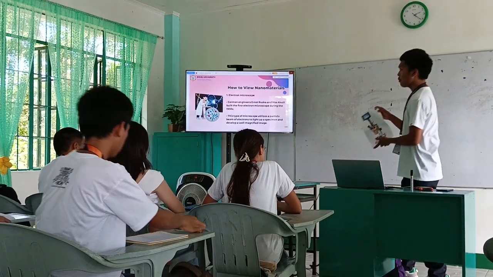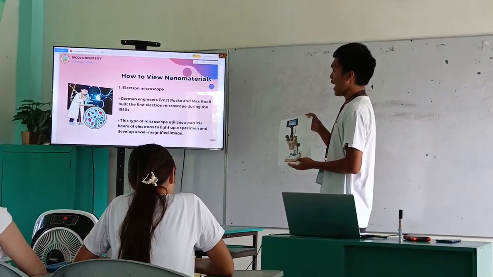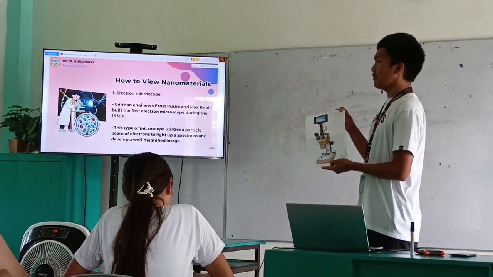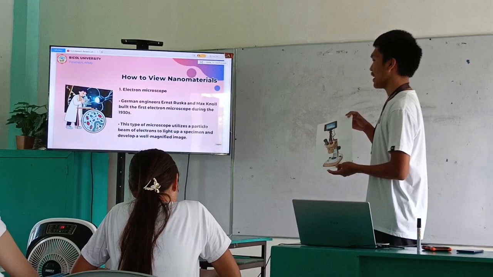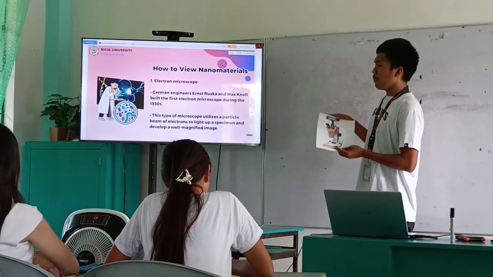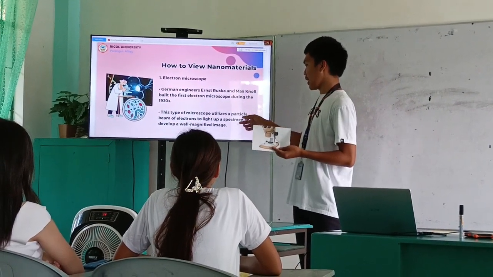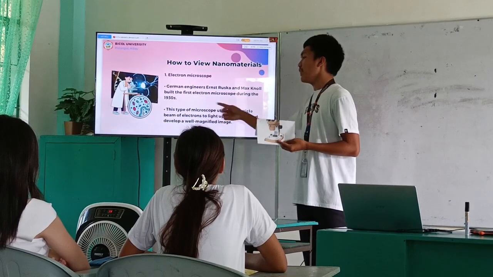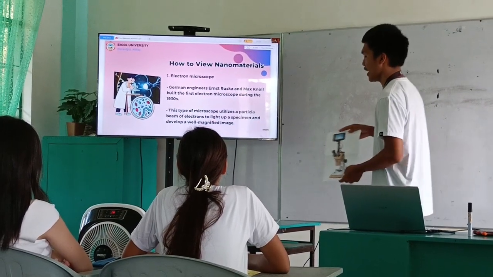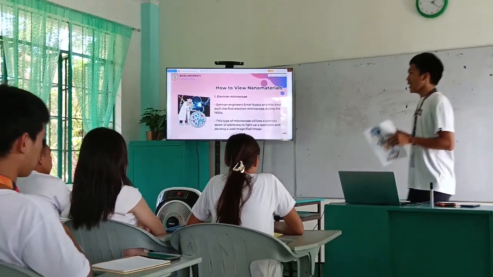This is our example of an electron microscope. German engineers Ernst Ruska and Max Knoll built the first electron microscope during the 1930s. This type of microscope utilizes a particle beam of electrons. From the word itself, it uses a beam of electrons to light up a specimen and develop a well-magnified image. The electron microscope has two types.